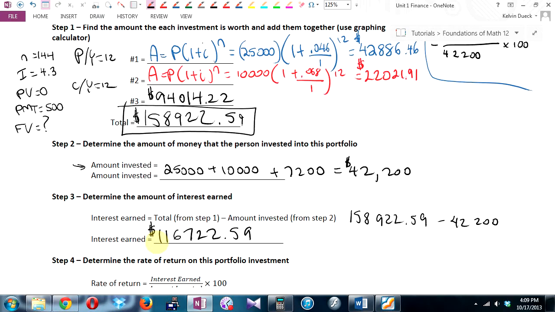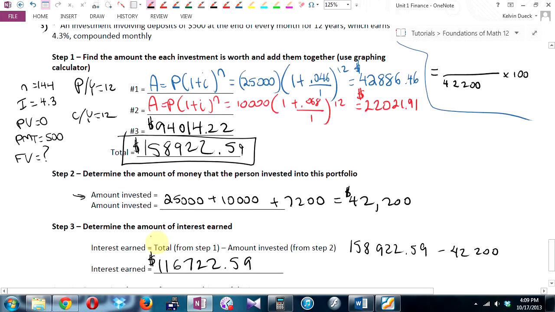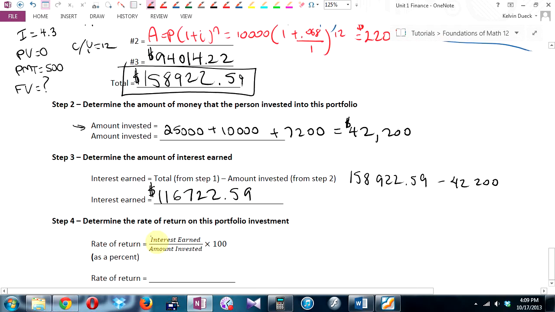So let's find our rate of return. We said the bottom number is going to be 42,200. You know what? Let's do it down here. The amount invested was 42,200. The top number is going to be 158,922.5.